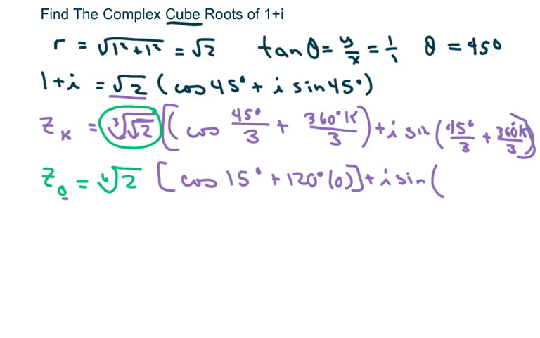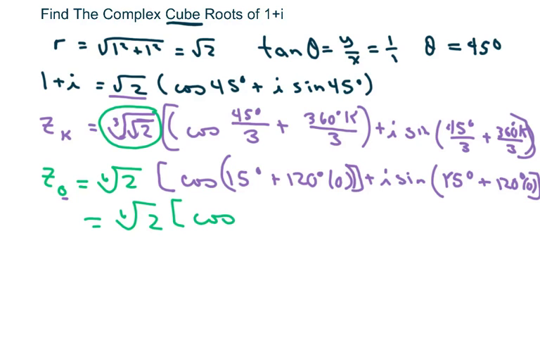So that's going to be sine of 15 degrees plus 120 degrees times 0. And when you clean that up, you get the 6th root of 2 times cosine of 15 plus i sine of 15 degrees.